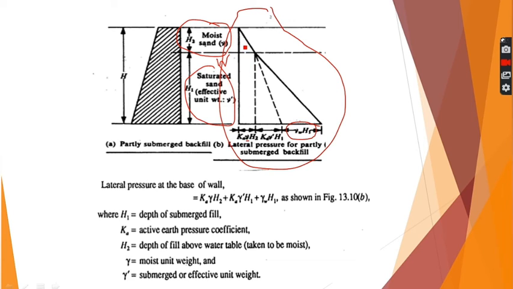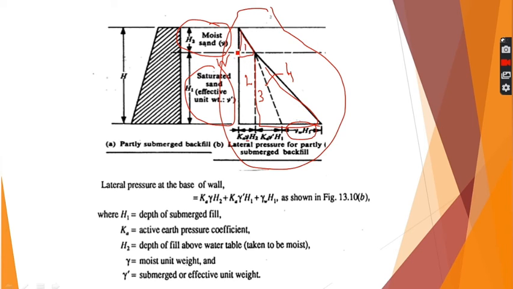So what we will do, we will divide this diagram into different portions. For example, this is the first triangle, this is rectangle number 2, this is the third triangle, and there can be another fourth triangle, which is this one. So we will calculate the earth pressure forces P1, P2, P3, P4.